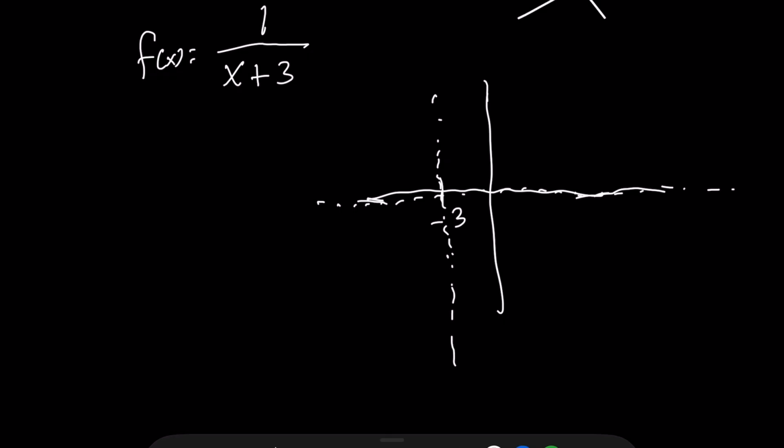This thing has no zeros, as you can tell, so we just have to plug in numbers. Plug in -2, you get 1. You plug in -4, you get -1. It's crazy.